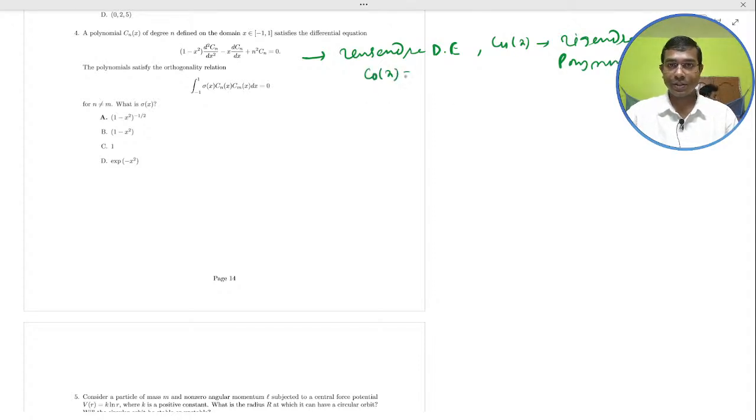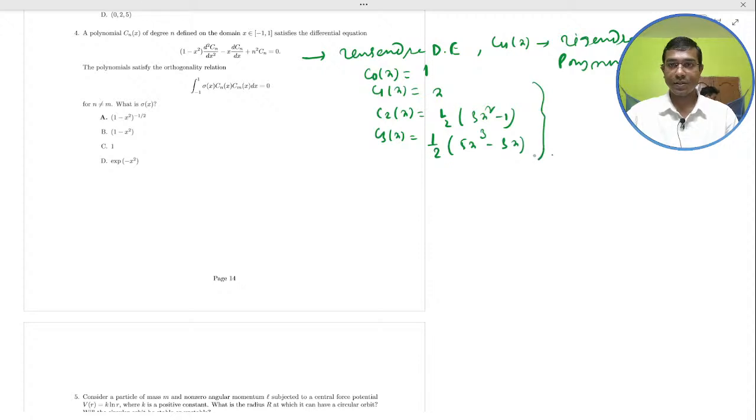So C naught x is 1, C1 x is x, C2 x is half of 3x square minus 1, and C3 x would become half of 5x cube minus 3x.